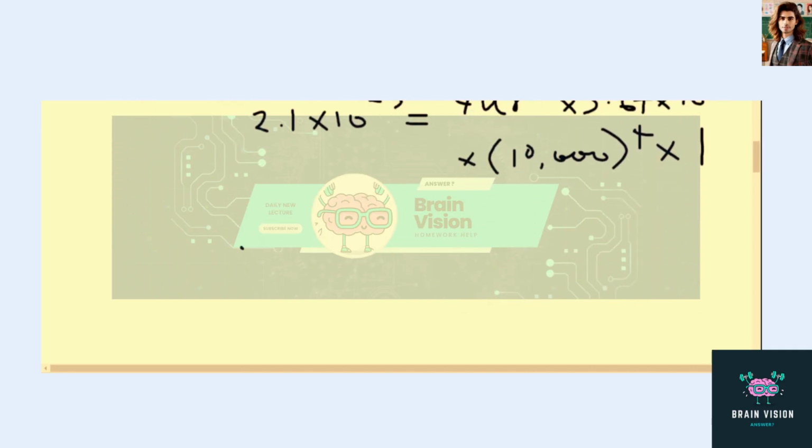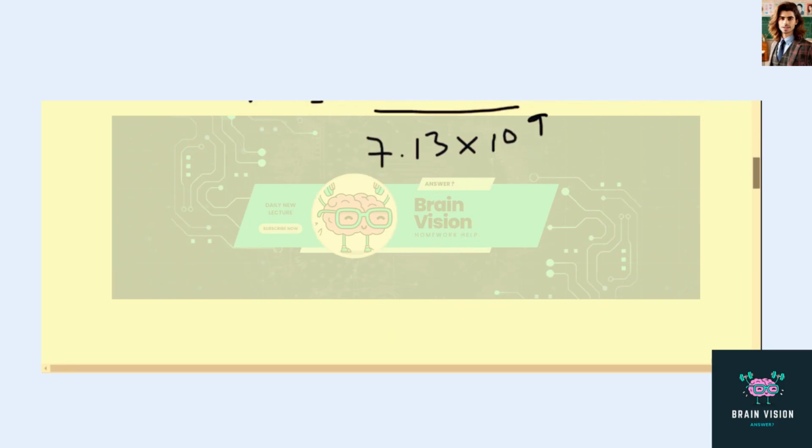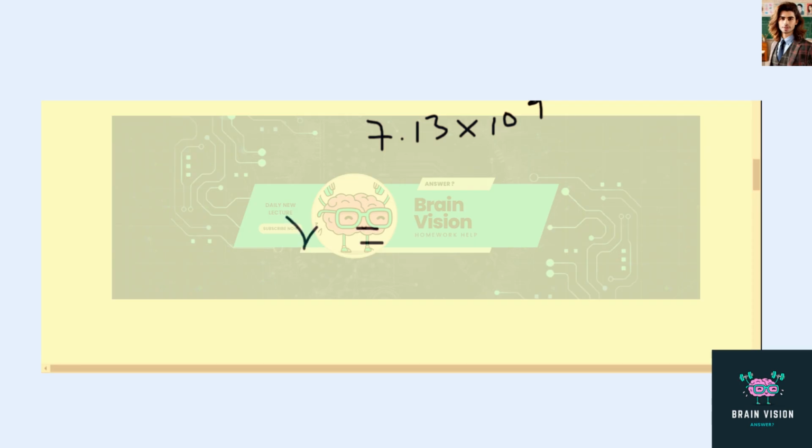So we have r squared being equal to 2.1 times 10 to the power 23, all divided by 7.13 times 10 to the power 9. When we evaluate that, this should give us the square root of 2.9 times 10 to the power 13.